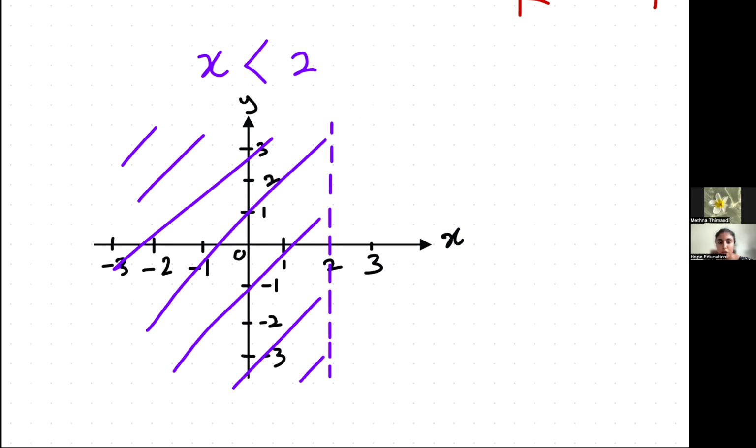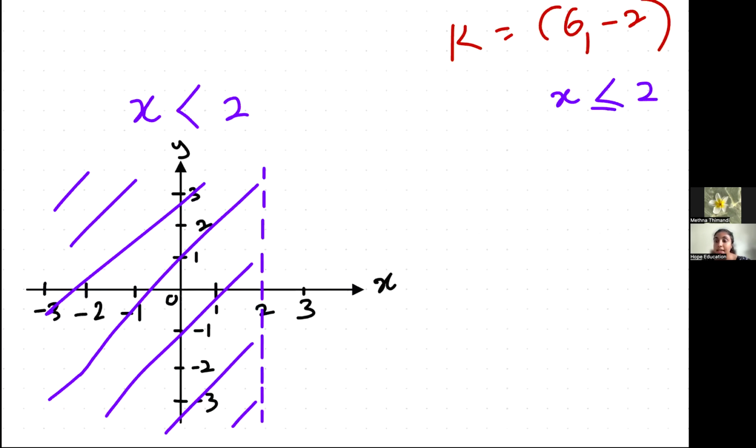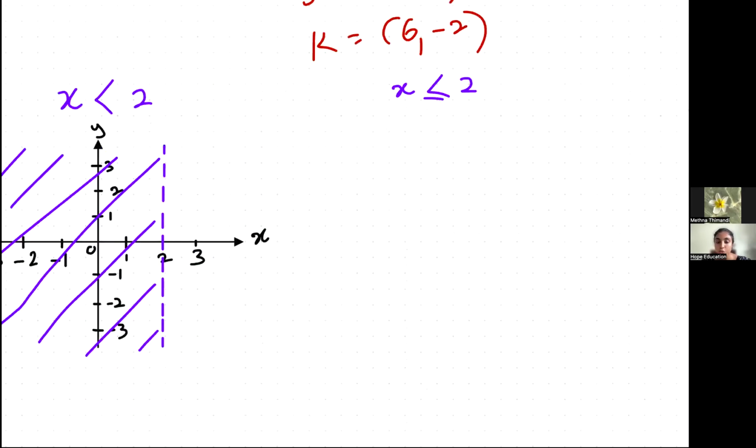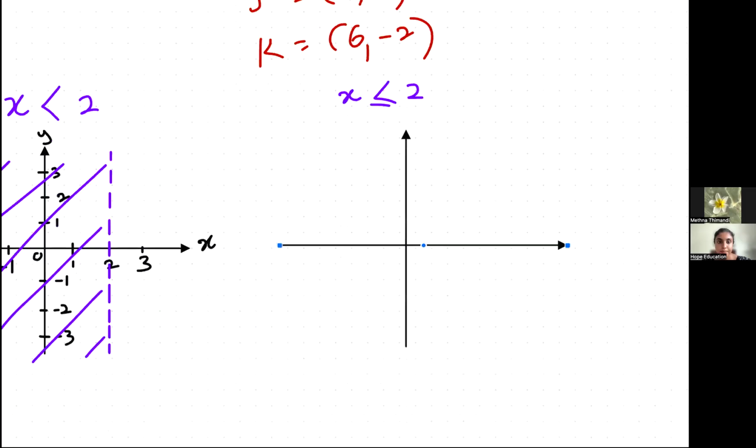Yes, teacher. Okay, let's look at another one. Let's take x is less than or equal to 2. Now, the previous one was x is less than 2 only, but here it is x is less than or equal to 2. Again, I'm drawing my Cartesian plane. This is the y-axis and this is the x-axis.